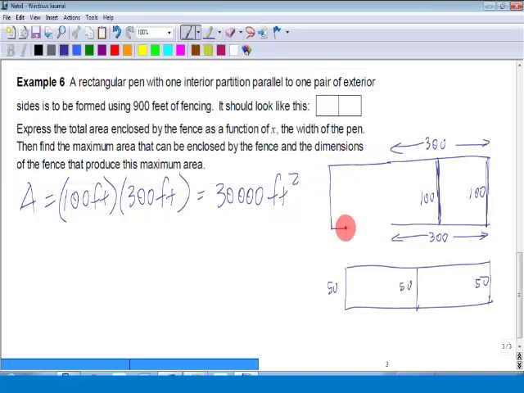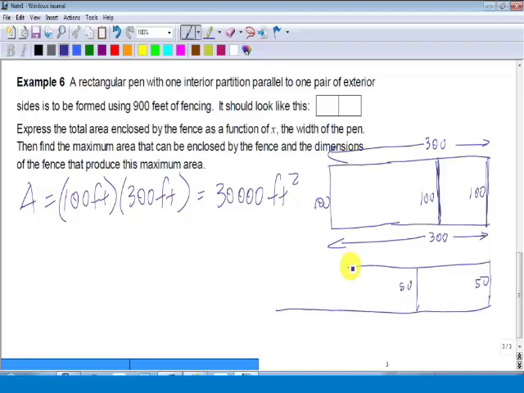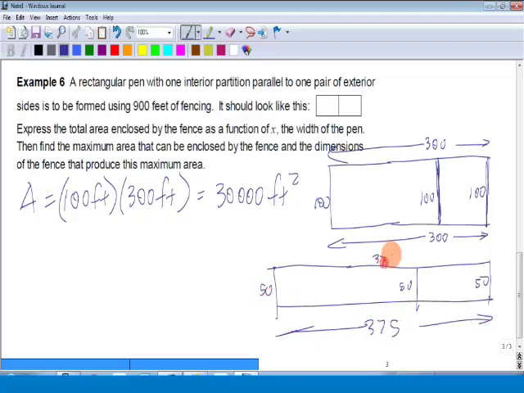Just want the visual to work here. Almost. I just want it to look about half. There we go. Something like that. 50, 50, 50. 375 from there to there. 375 from there to there. Regardless of the picture, I hope I'm close there.